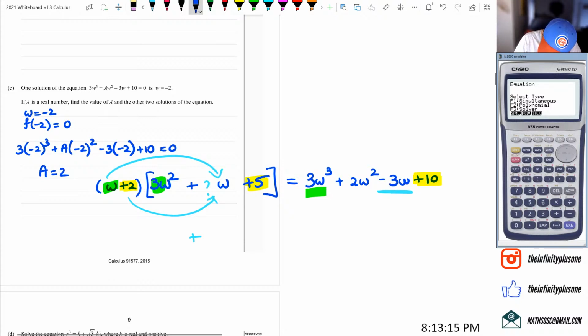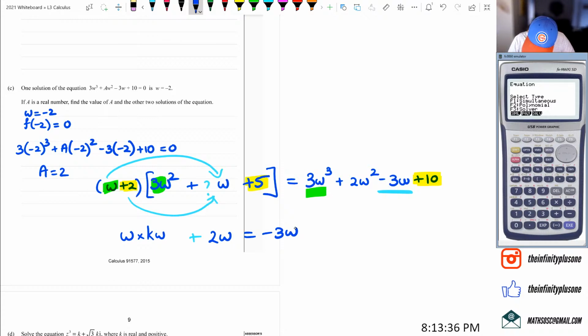In other words, we can write it like this: w multiplied by the question mark, which we might put as k for now, kw plus 2w is equal to minus 3w. Have I got that right? I just want to double check that, guys.